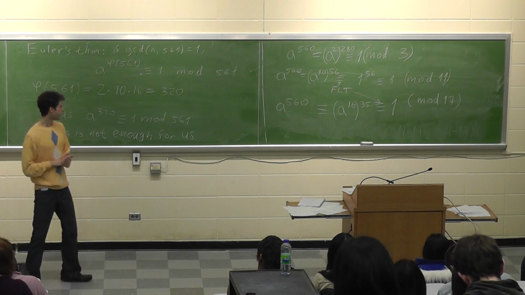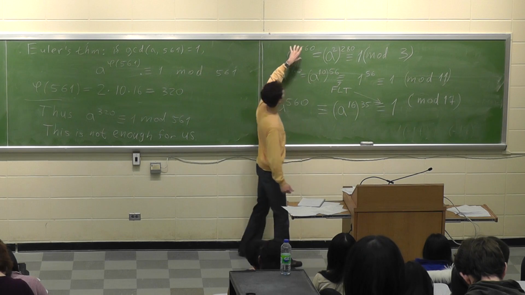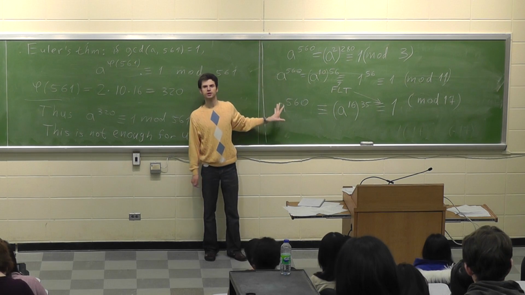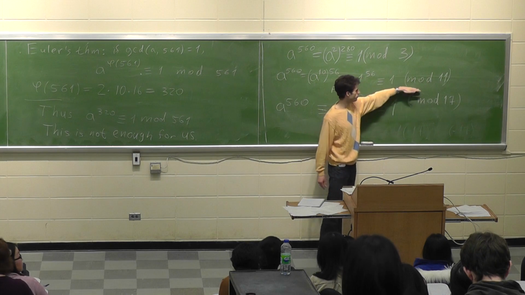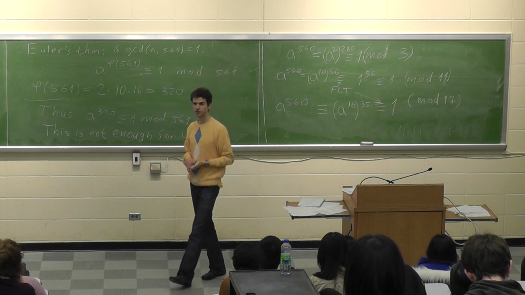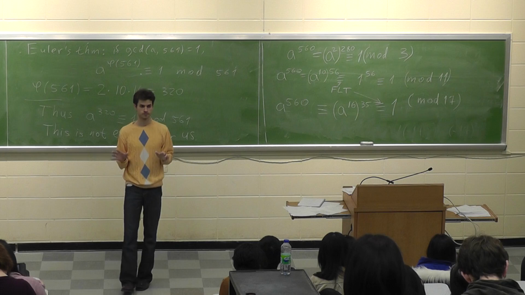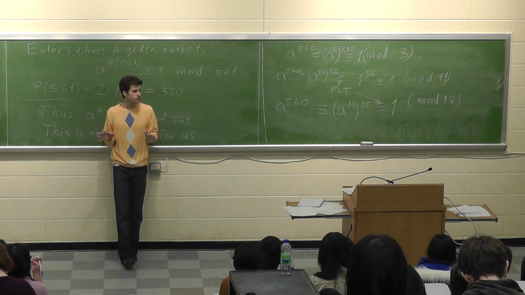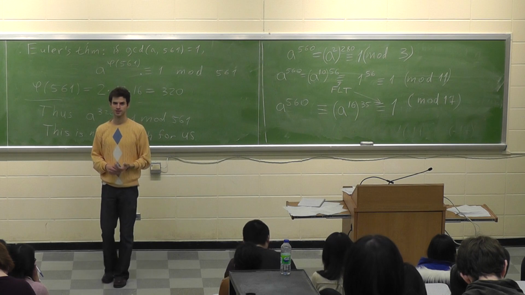Okay. And finally, the argument is as follows. I have the same number, a to the power 560, and I know the remainders of this number modulo 3, modulo 11, and modulo 17. I want to reconstruct the remainder modulo the product. The Chinese remainder theorem tells me there is only one way to reconstruct it.